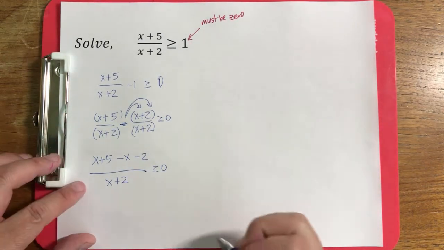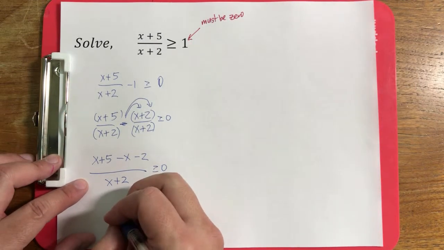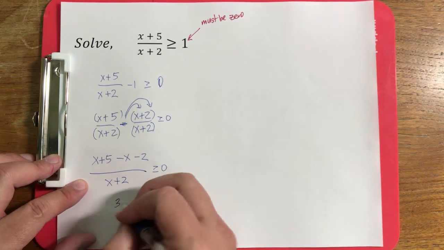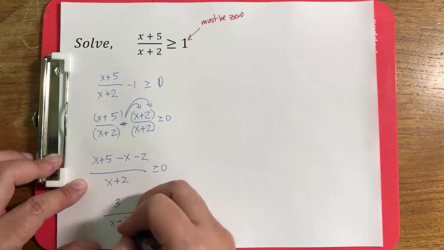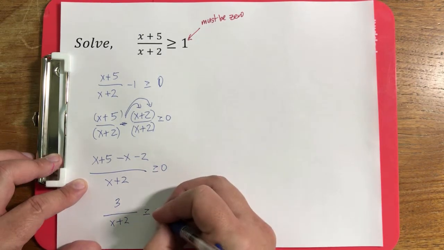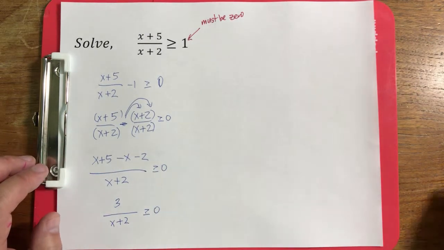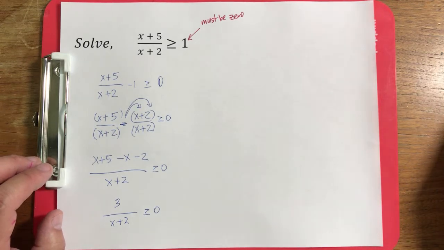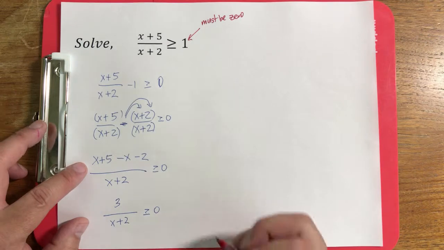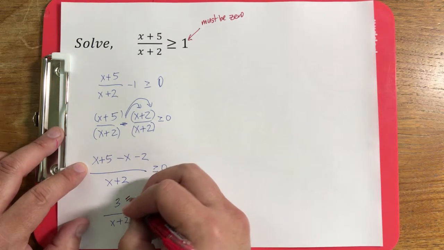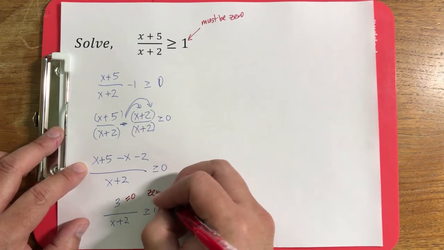And then that gives me 3 over x plus 2 is greater than or equal to 0. Okay, now let's be careful. When the top is equal to 0, that gives me my zeros.